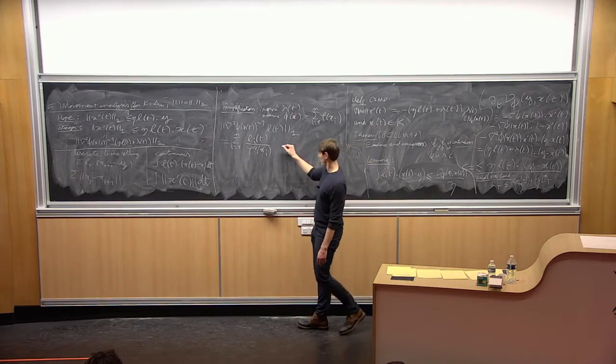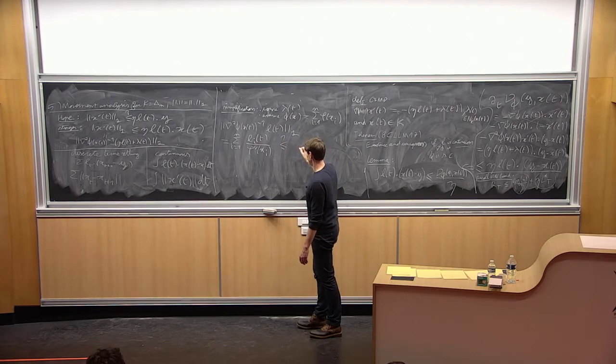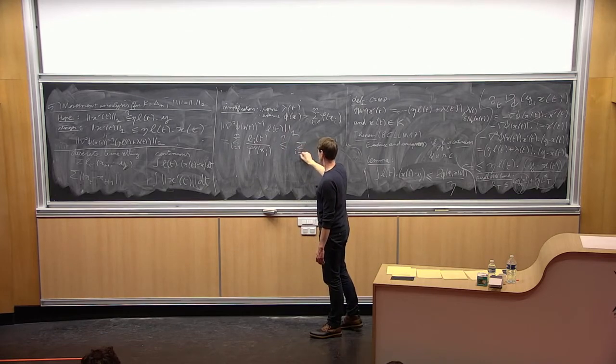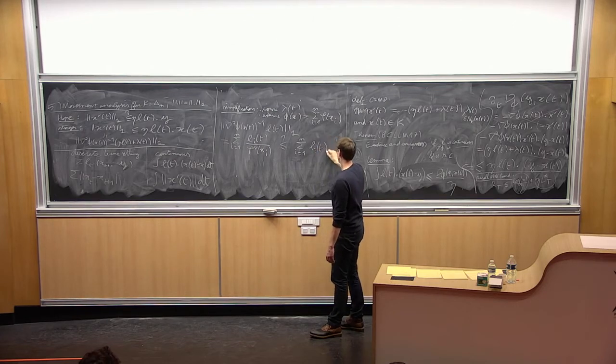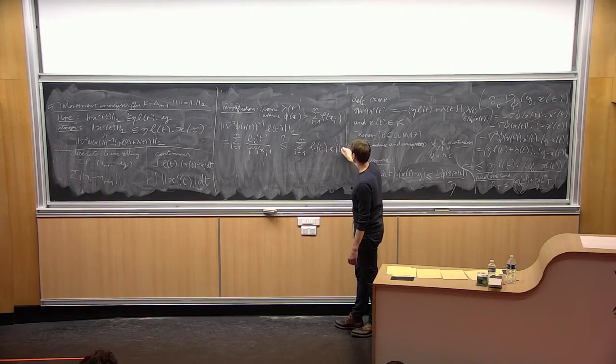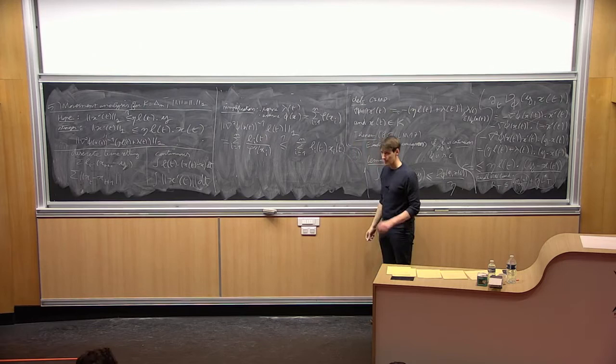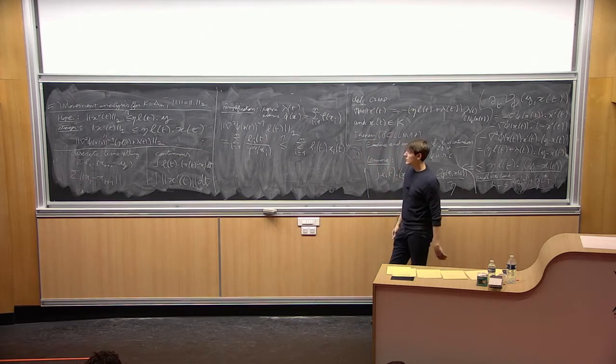And we wish this was smaller than the sum for i equals 1 to n of Lit xit. Okay? And we have flexibility to find phi. So now I claim that this inequality is just true if you take phi of x to be x log x.